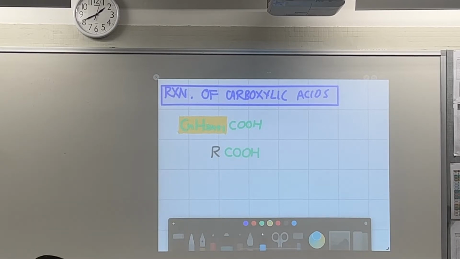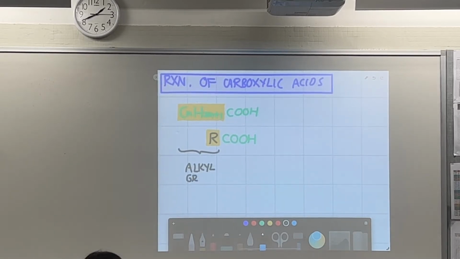So know what to call these two groups. This group on the left, we call this the alkyl group. n can be any number starting from 1, or it can even be 0 for carboxylic acid.